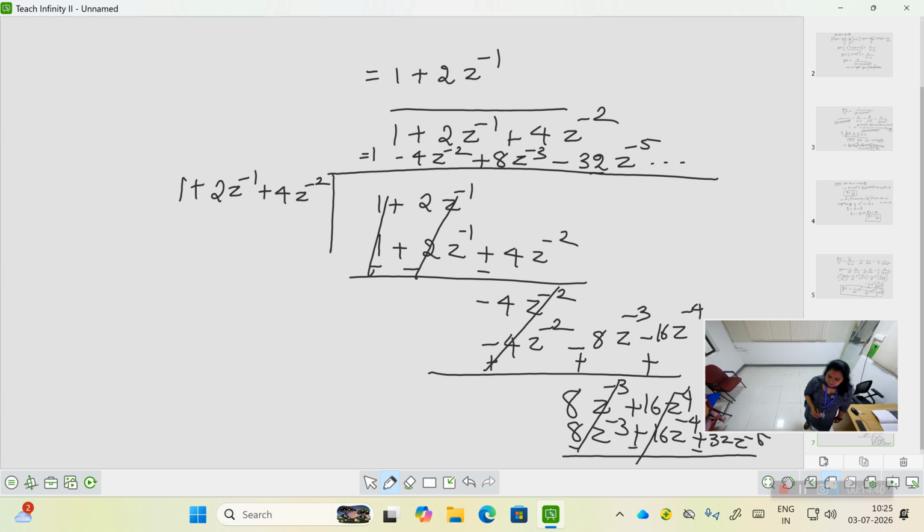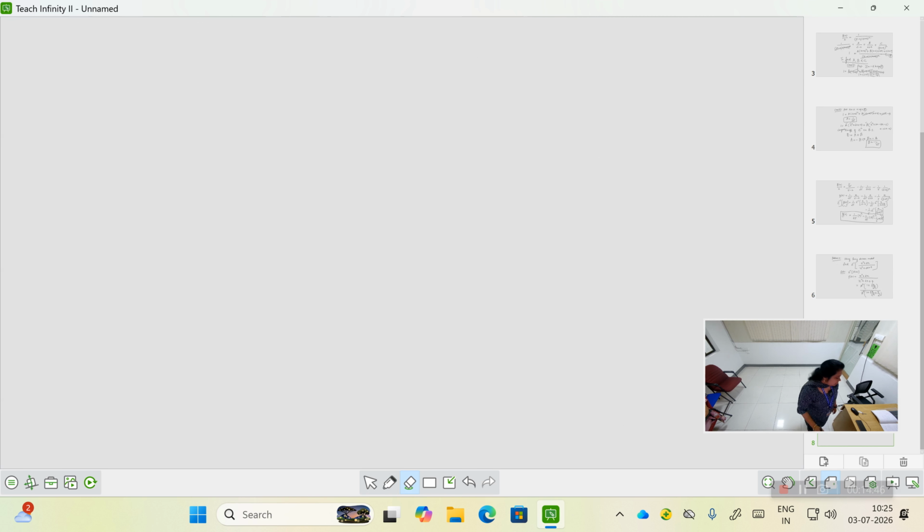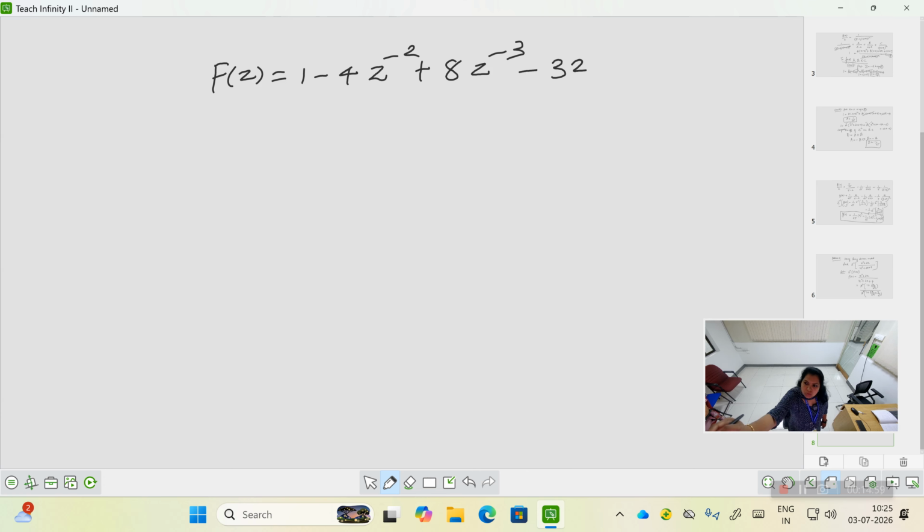This is the final answer. We have to compare this with the Z transform. What is that? So final answer we are getting, F of z is what? 1 minus 4 z power minus 2, 8 z power minus 3, 32 z power minus 5, etc. Now we know the definition of inverse z transform.